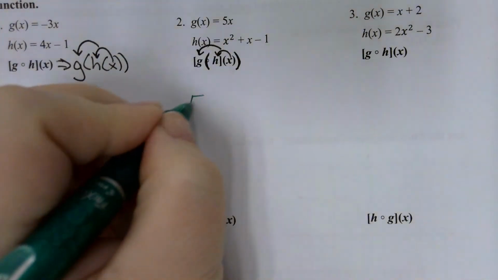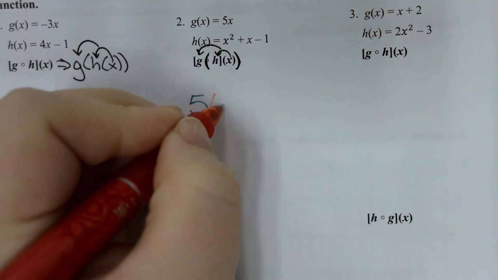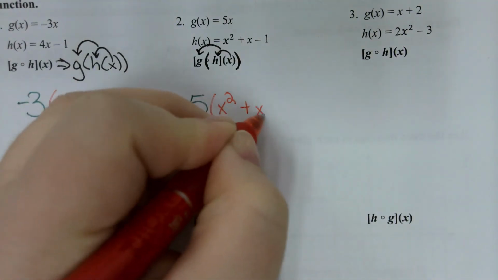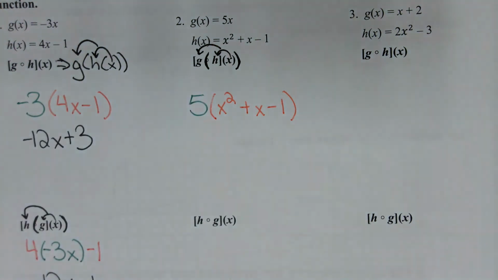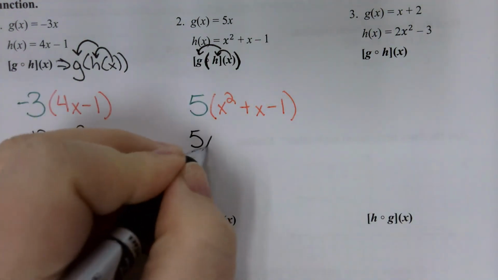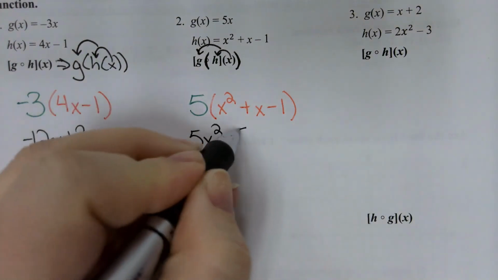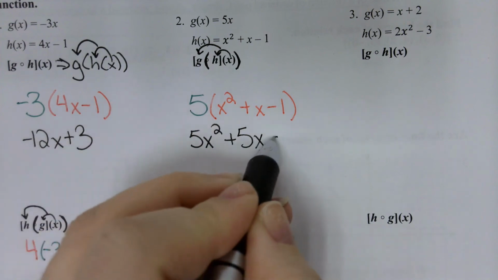So we have 5 times, and instead of x, here comes the h equation, x squared plus x minus 1. So we can simplify that and distribute that 5. So 5x squared plus 5x minus 5.